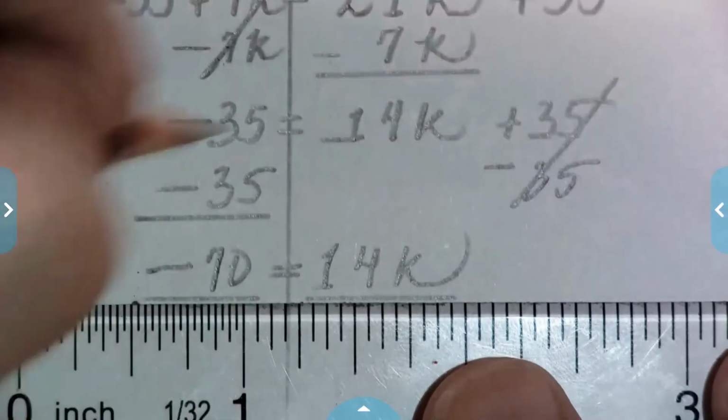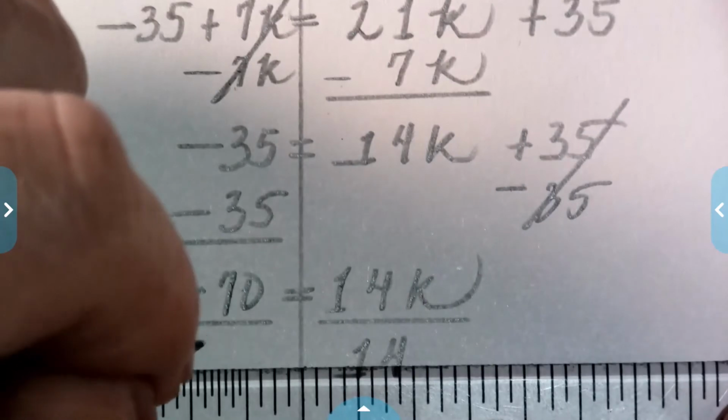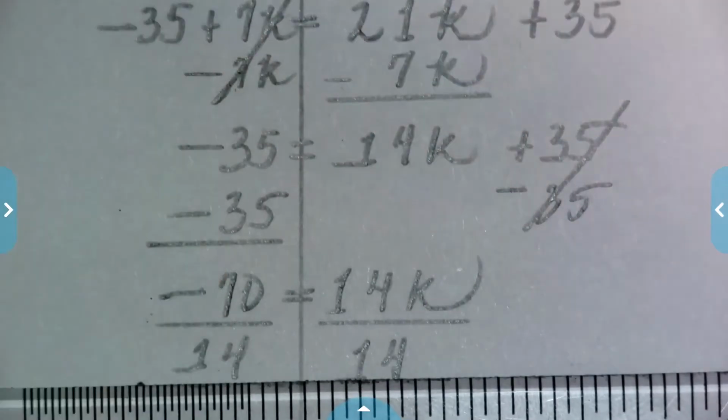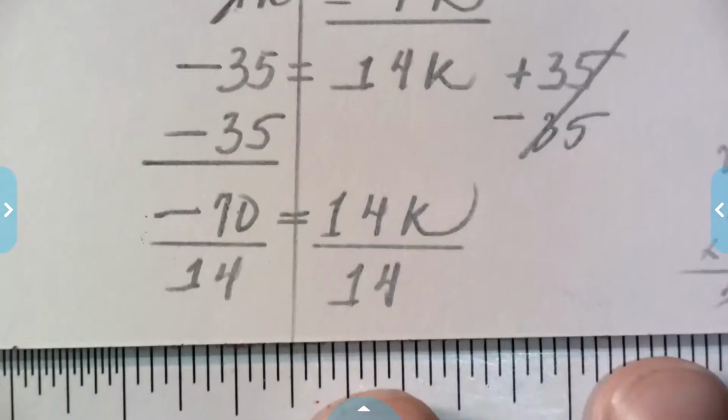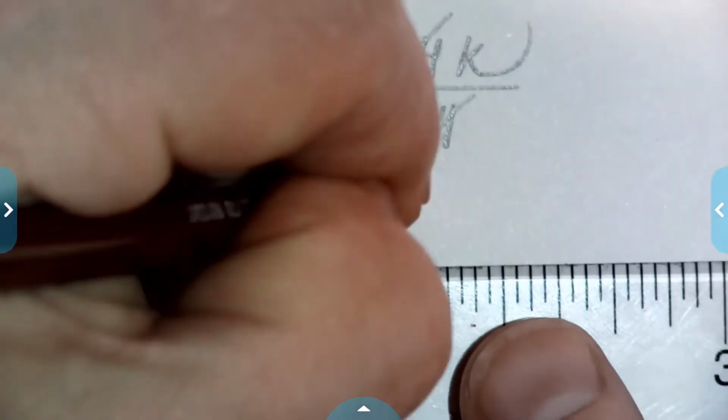Okay, and I'm thinking that it's going to be 5 because I'm going to divide both sides by 14. And let me just check 14 times 5. Yeah, that's definitely 70. And so when these cancel, k is by itself now.